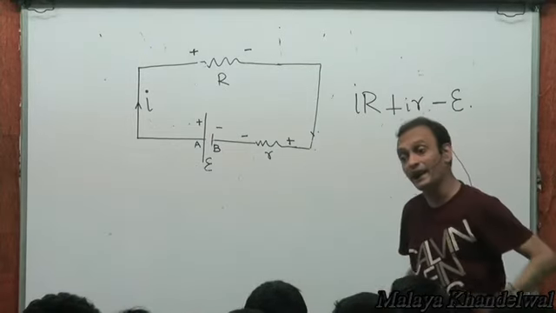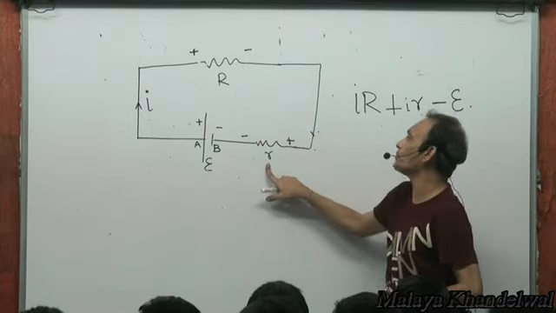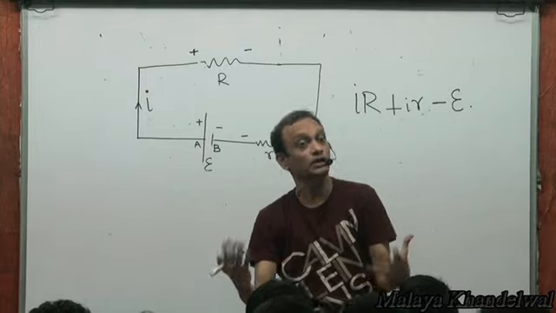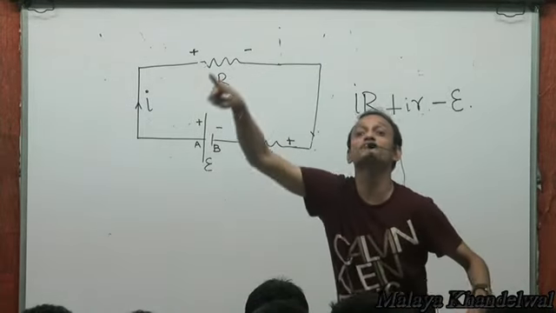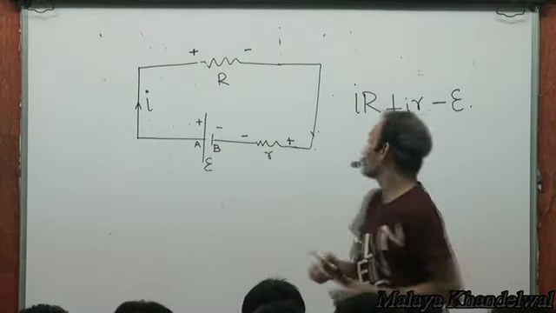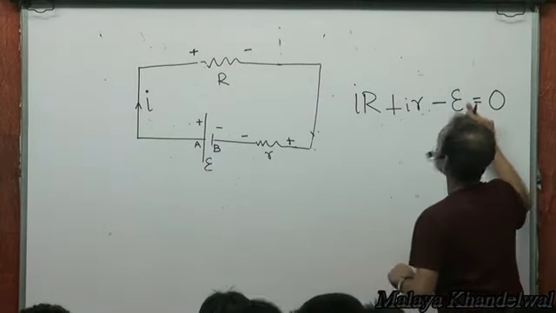There are drops across various elements, but because of the conservative nature of the field, the algebraic sum of these drops in starting from A and coming back to A must be 0.